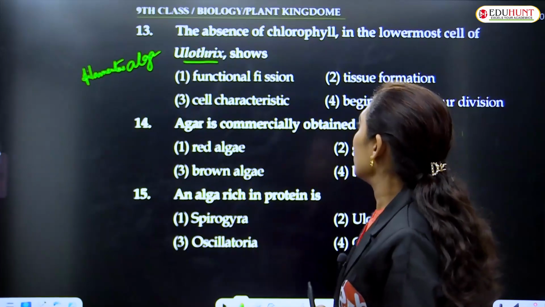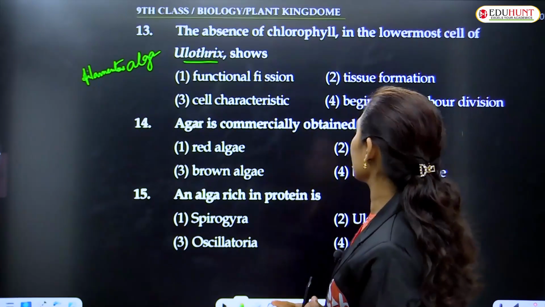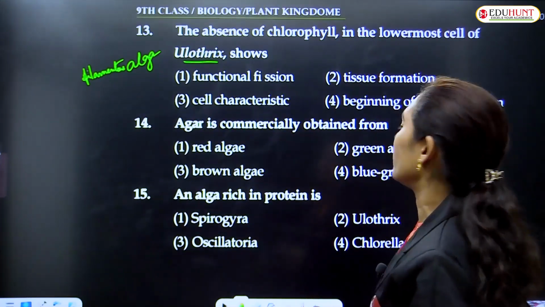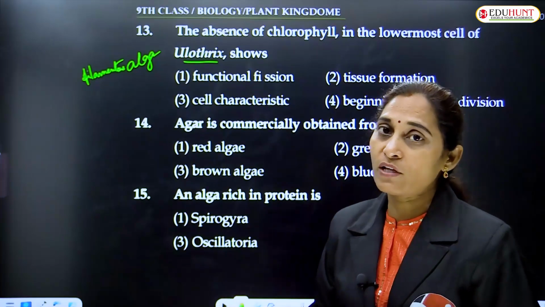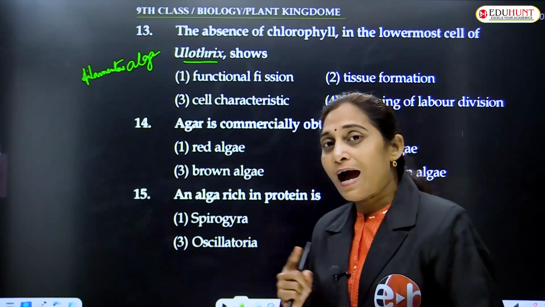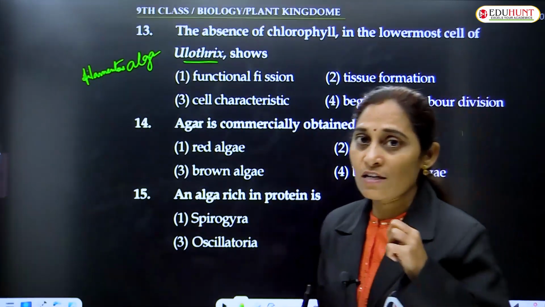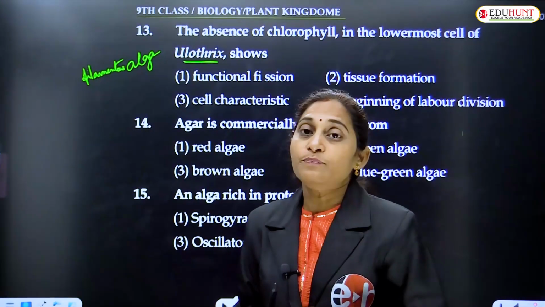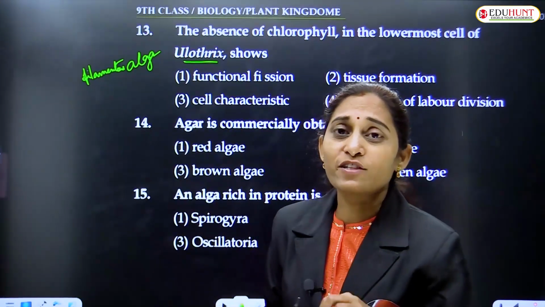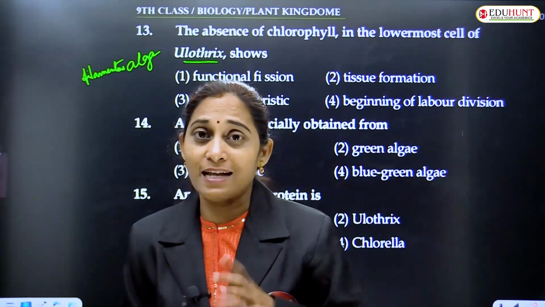So it shows functional differentiation of cells, tissue formation, and the beginning of the division of labor. All the other cells except this holdfast, the non-chlorophyllous basal cell which takes the responsibility of attachment, do not do so. The basal cell does not divide.